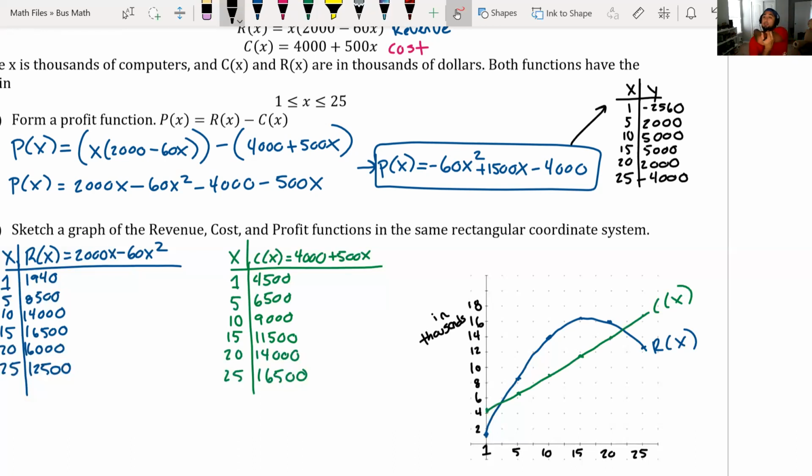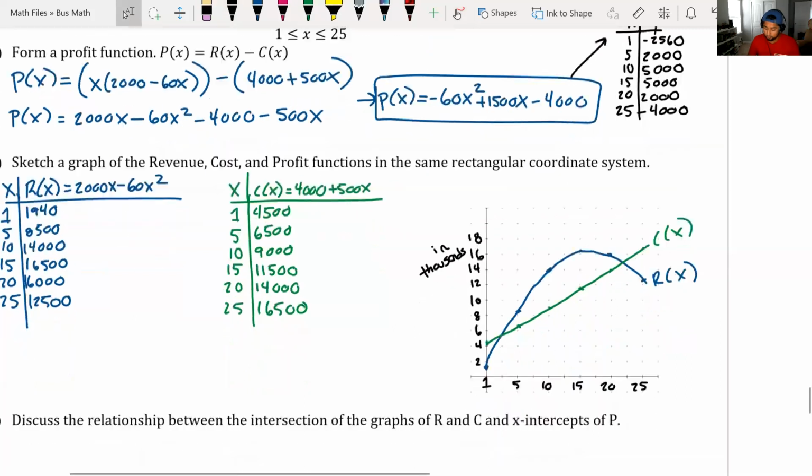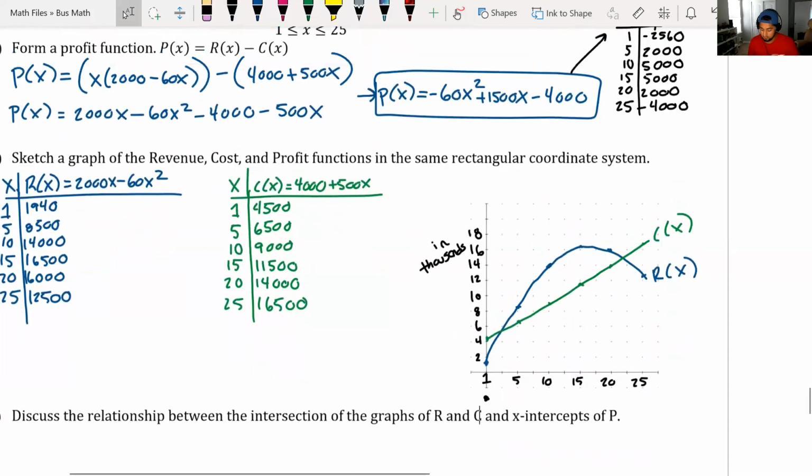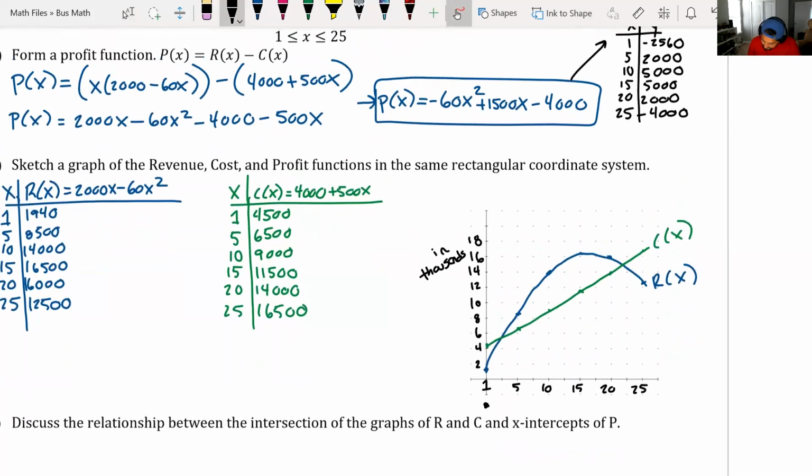All right. Next one is profit. At 1, we're negative. So let's just say that point is down here somewhere. 5, we're at 2,000 exactly. 10, we're at 5,000. 15, we're at 5,000. 20, we're back at 2,000.